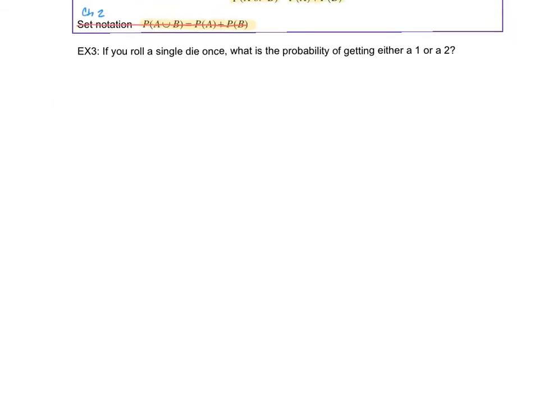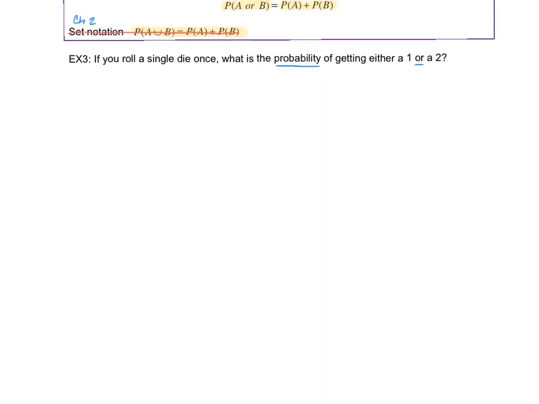Example 3. If you roll a single die once, what is the probability of getting either a 1 or a 2? So you see this is a probability, and there's two events, rolling a 1 or rolling a 2. So this would be like your A, rolling a 1. Event B would be rolling a 2 in that OR formula.